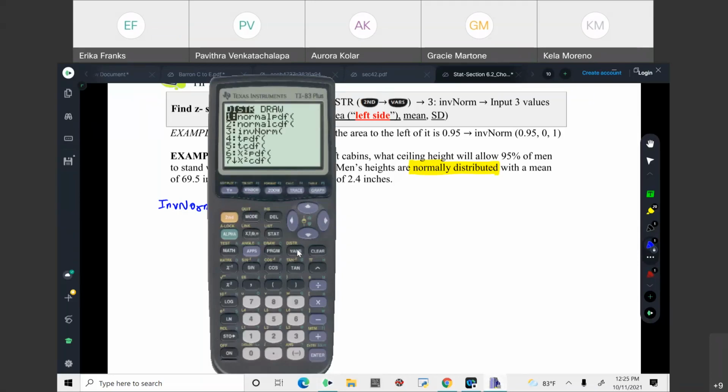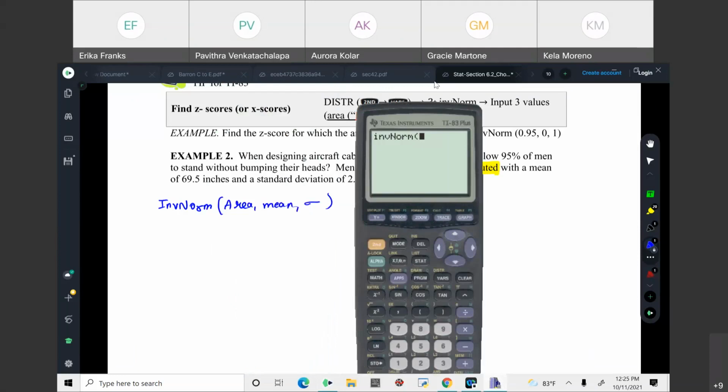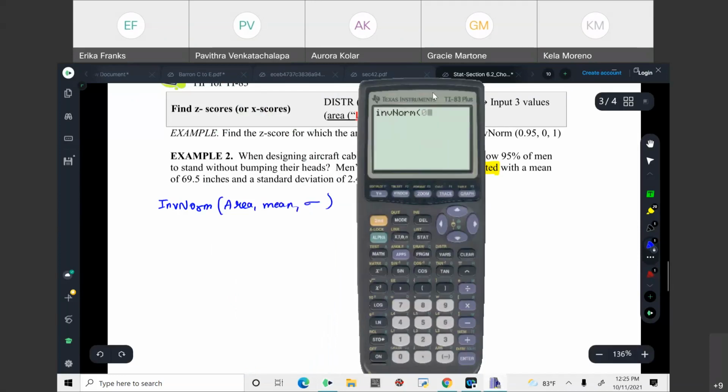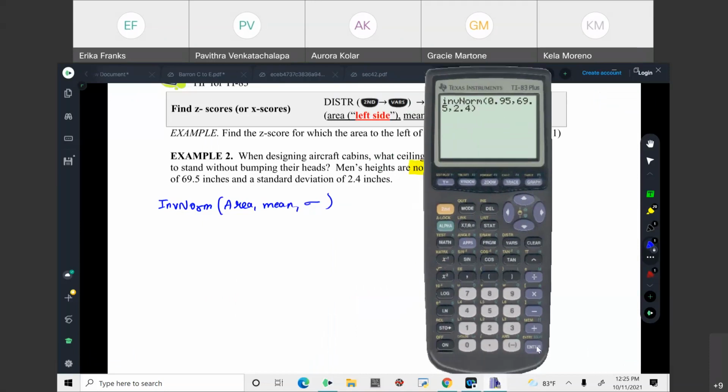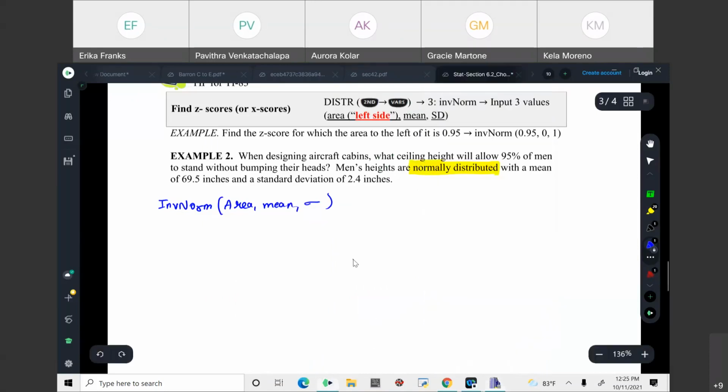Second, inverse norm. Enter. Now enter the area, which is 0.95, and mean is 69.5, and standard deviation is 2.4. Close parenthesis and enter. Did you get the same value?